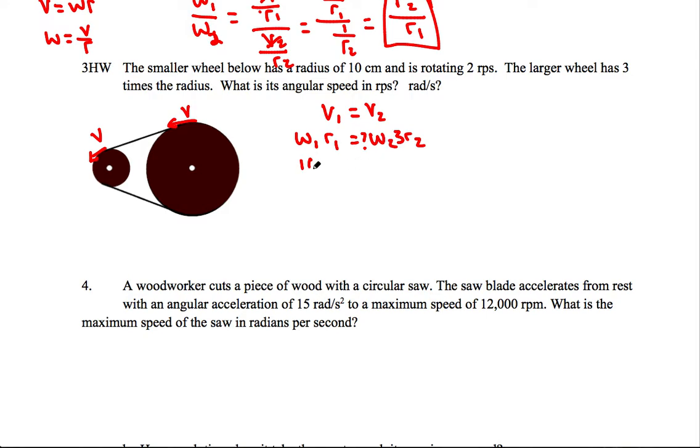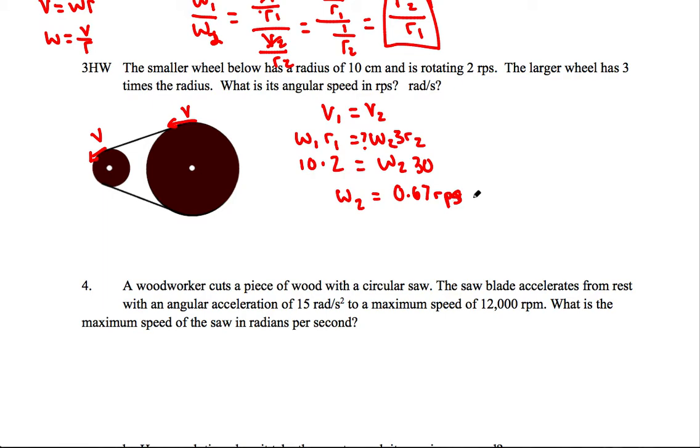So we have 10 times 2 equals omega 2 times 3. Okay, actually 30, 3 times the radius. So if you divide by 30, we get omega 2 to be 0.67, and since this was in revolutions per second, this is in revolutions per second.